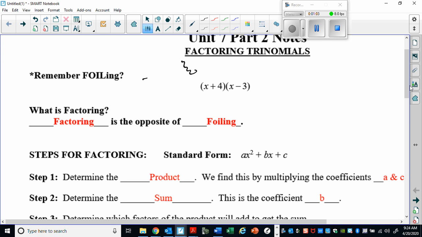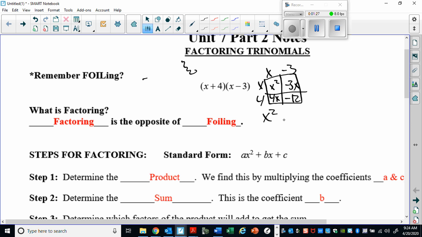So here, if we were to foil, we would do our box, and we would do x for x, and then minus 3. So then that would be x squared minus 3x. That would be 4x, and that would be negative 12. Remember, when you're multiplying a number and a variable, you just put them together. On the diagonal, you have the like terms.